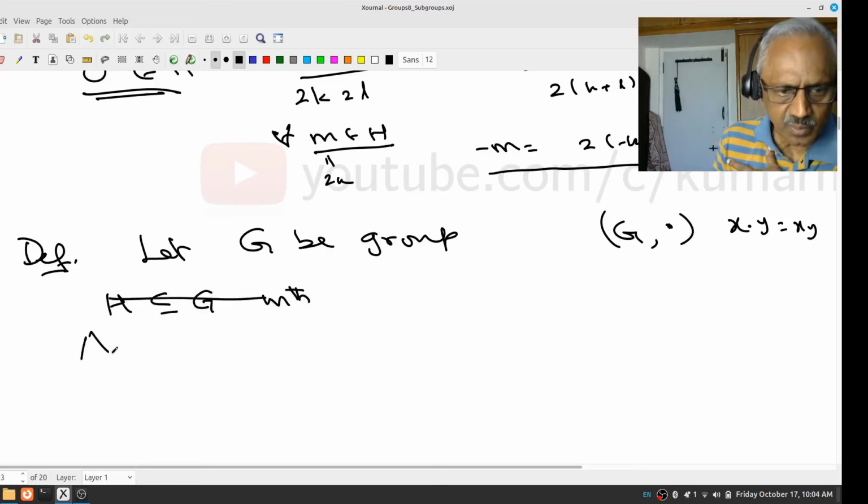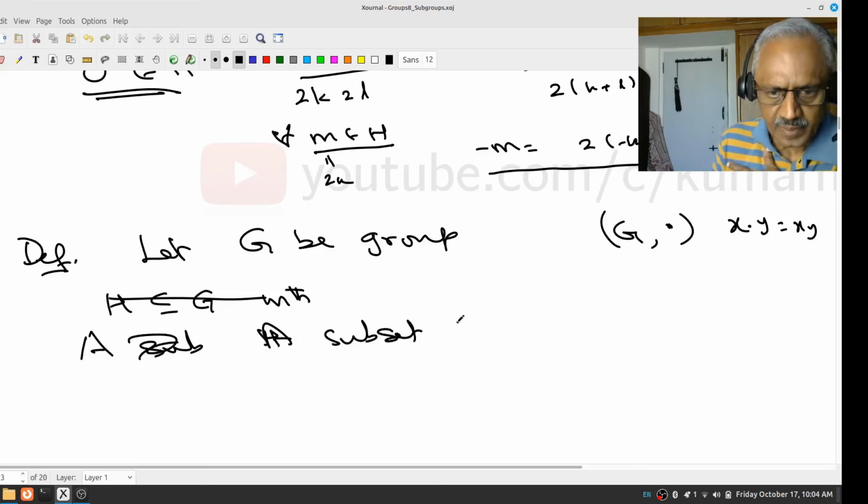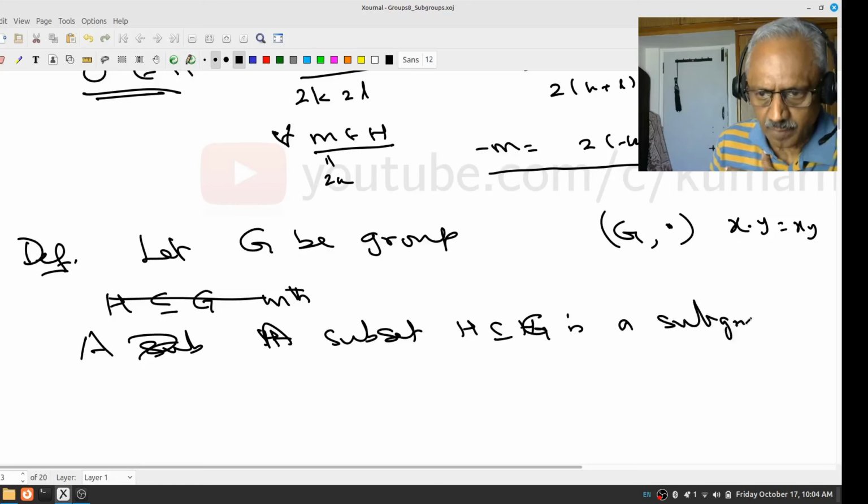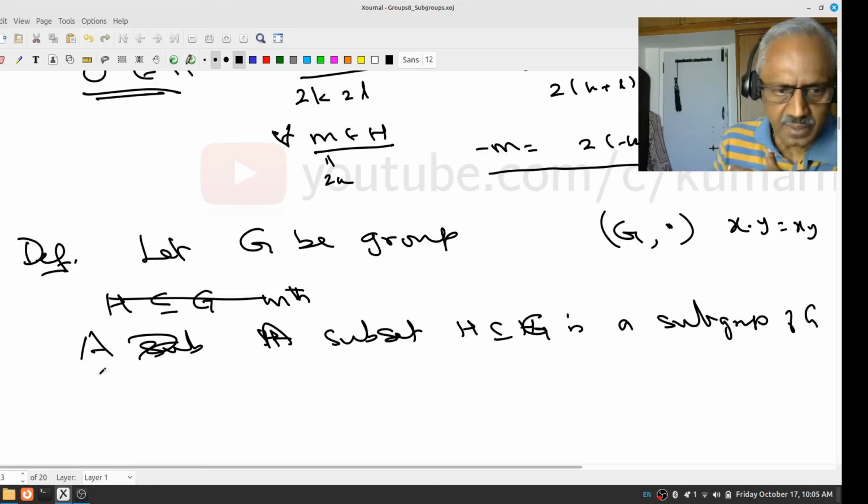A subset H of G is a subgroup of G if the following conditions are satisfied.